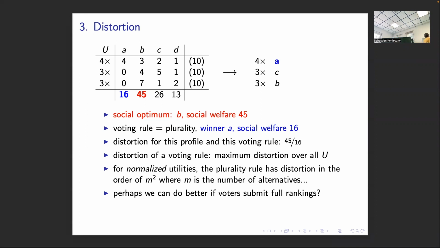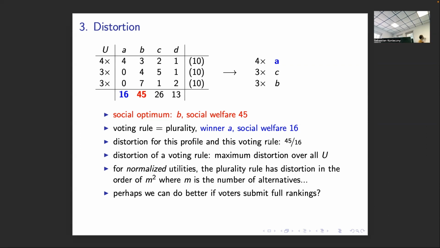We can go further: plurality incurs a distortion. On this profile, the distortion is the ratio between the highest social welfare, which is 45, and the social welfare of the candidate that was elected, which is 16. So on this profile, for plurality, the distortion is 45 over 16.